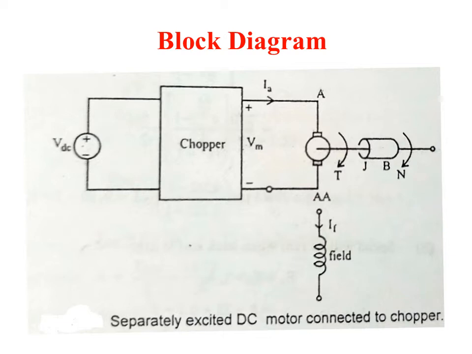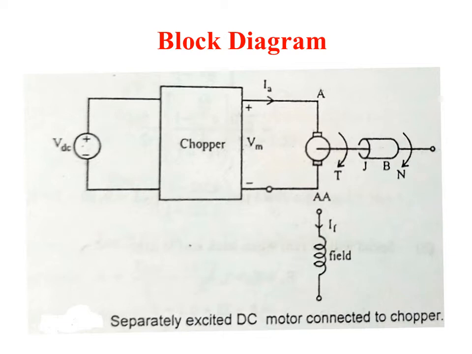If you observe here, the output of the chopper is connected to a motor. The motor terminals are represented by A and AA. This A and AA indicate the armature terminals of the motor. Here T will indicate the torque and N will indicate the speed.